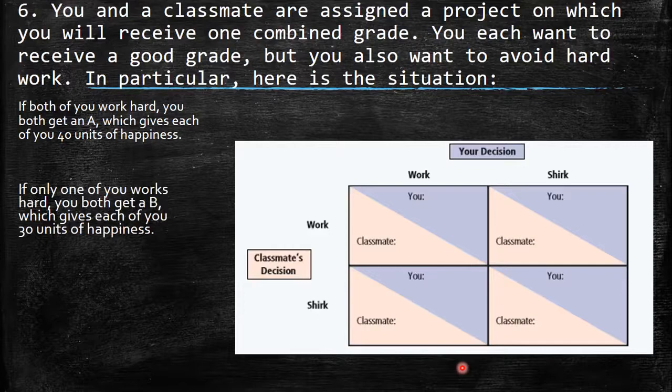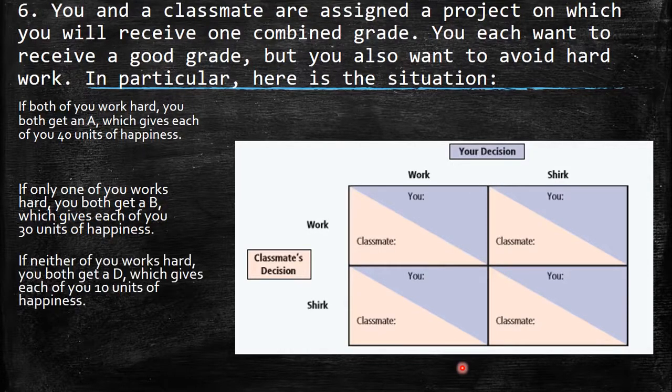Then, if only one of you works hard, you both get a B, which gives each of you 30 units of happiness, right? And then if neither of you works hard, you both get a D, which gives each of you 10 units of happiness. So how can we start to fill it in?